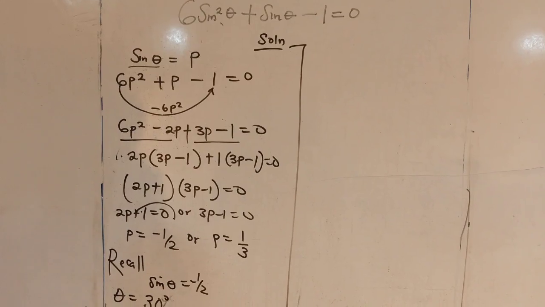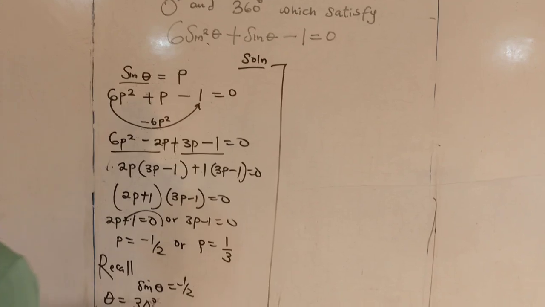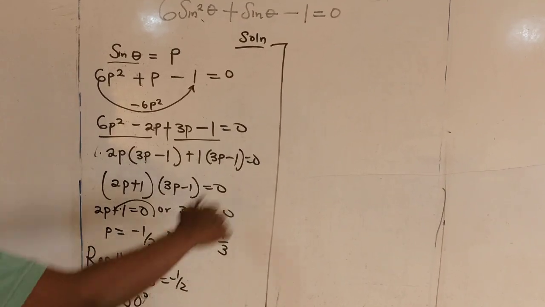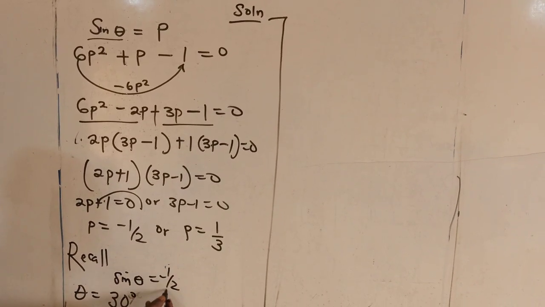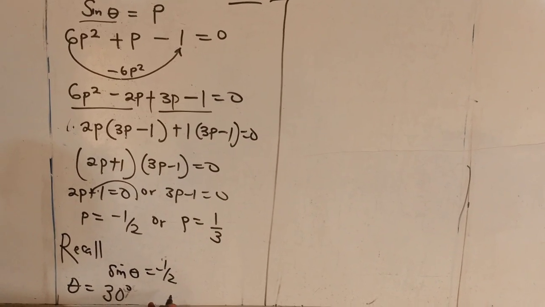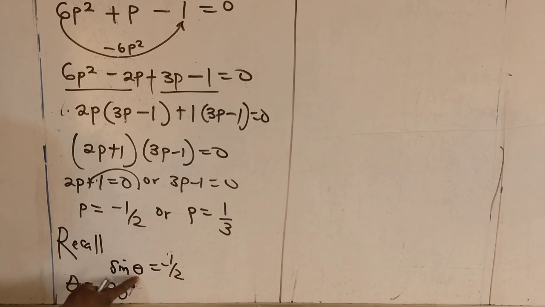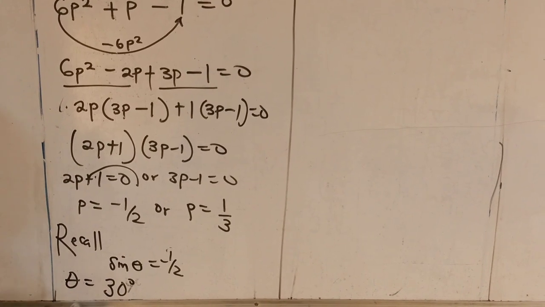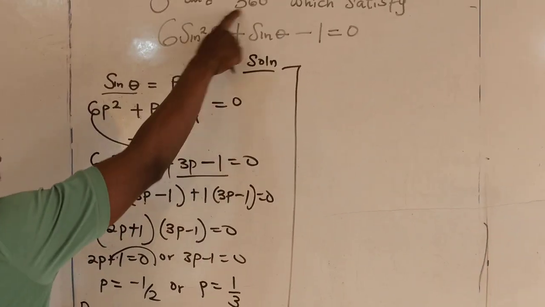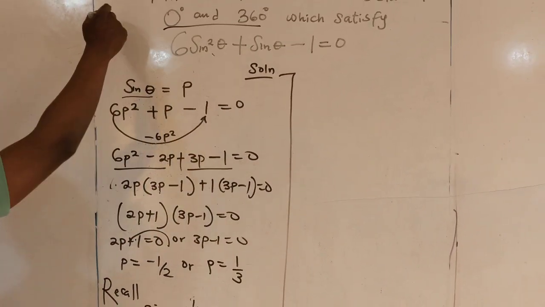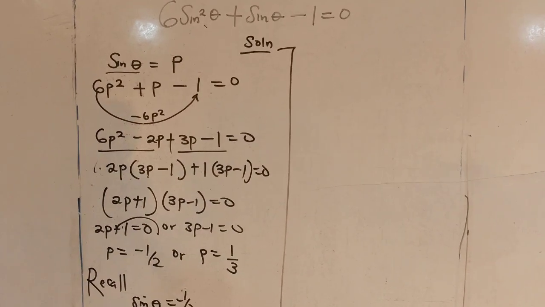Then for the negative part, I will still explain it. This is minus half, but 1 divided by 2 is 0.5, right? So when you look at the arc sine, the inverse of sine, it gives us 30 degrees. This minus will tell us, since theta ranges from 0 to 360 degrees, the quadrant that we are going to look for the value of theta.